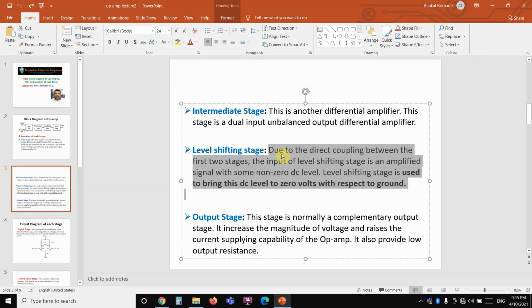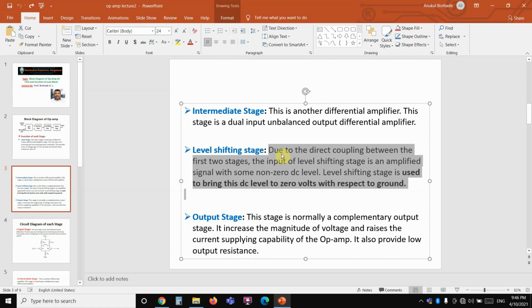But we want only the AC output. Therefore, to reduce the DC level, the level shifting stage is used. What is coupling? Coupling means there is a coupling element used between the two stages. The coupling elements are the resistor and capacitor.